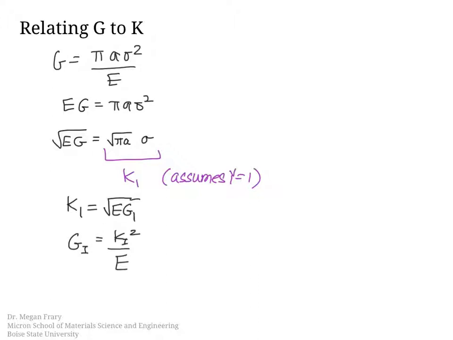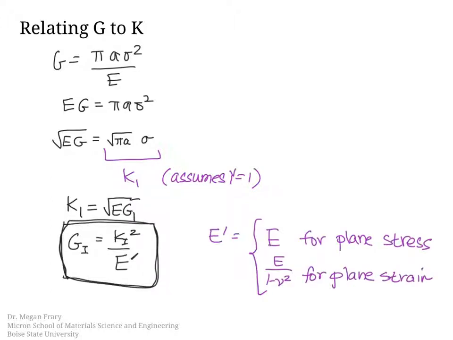Now, I haven't yet talked about plane stress or plane strain, and so really what we should do is that we should put a little prime on here so that we can use this as our most general equation, and then we can just define the value of E prime depending on if we have plane stress or plane strain. So here are the values for E prime depending on plane stress or plane strain. And that is the conclusion of this video related to the strain energy release rate.